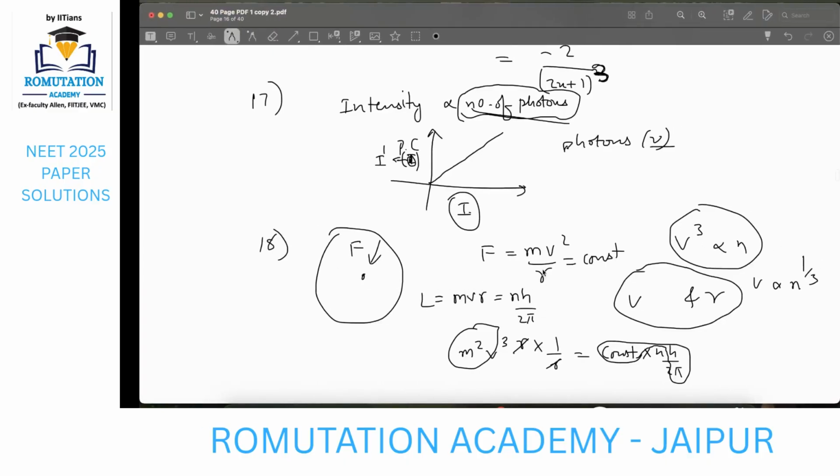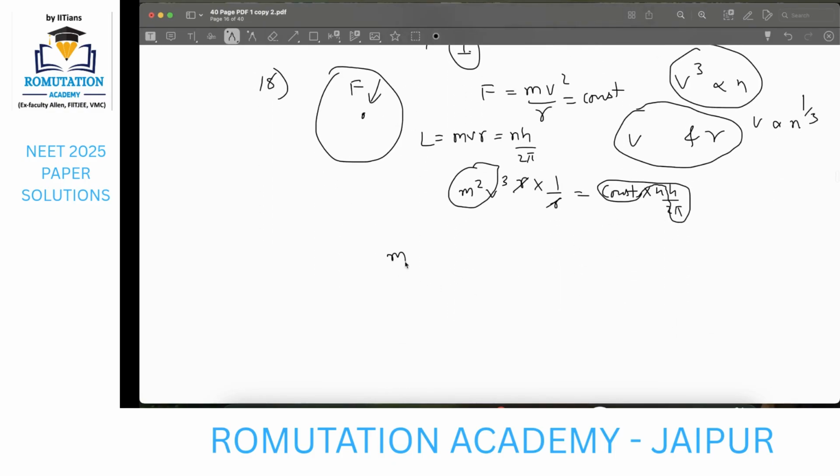Okay, so to solve the r in this picture, I think what I can do best is I can square this below one and then divide these two, because then v square will go away, right? mv square by r is equal to constant, divided by m square v square r square, that on the other side will have n square h square by 2 pi whole square, right? Yeah, I think that is what is working here.